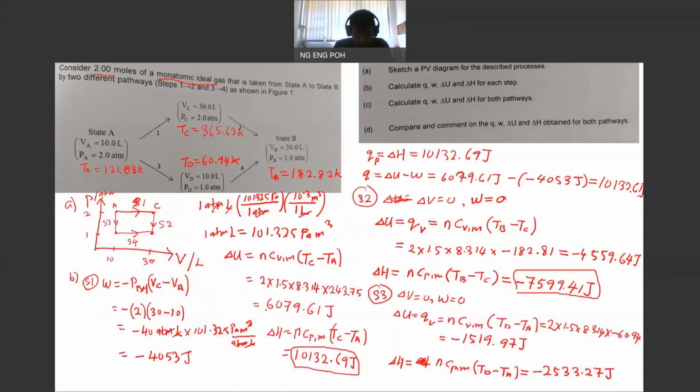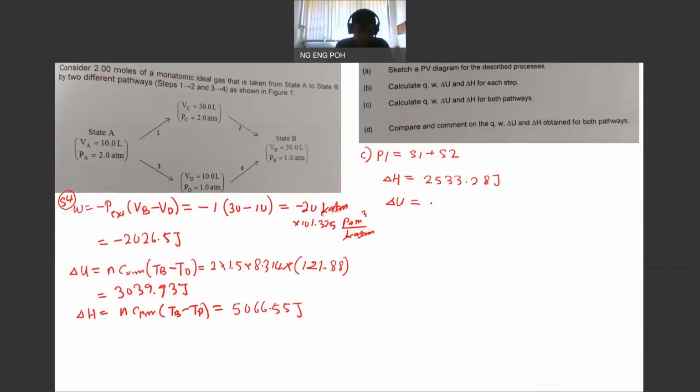Delta U. The delta U for step 1 is 6079.6, plus delta U here, minus 4559.64. So the answer is 1519.96 joule.